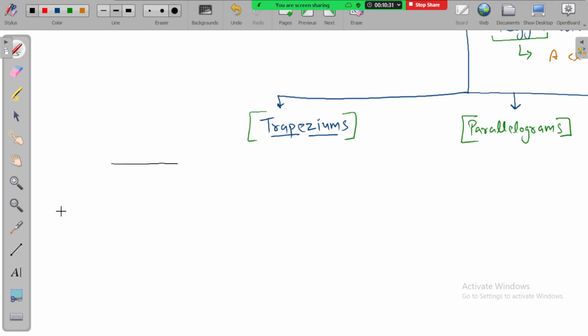If I make a trapezium for you, this one is a trapezium for us, yes or no? Because this pair of sides looks parallel. So one pair of sides is parallel and one pair of sides is non-parallel. It can also look like this.